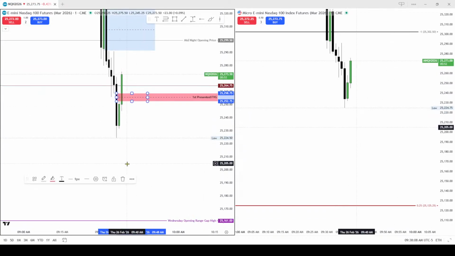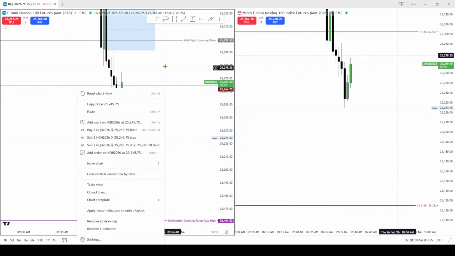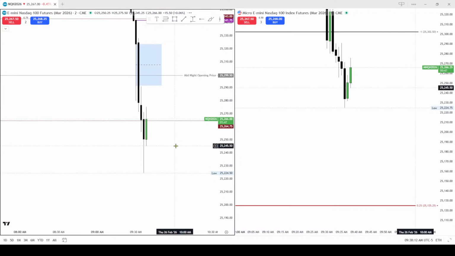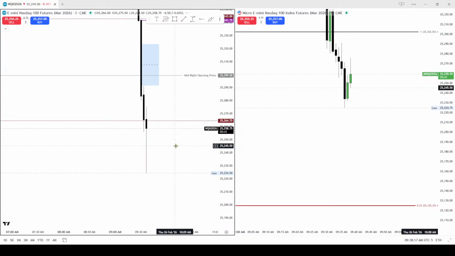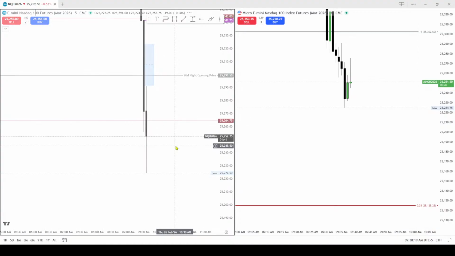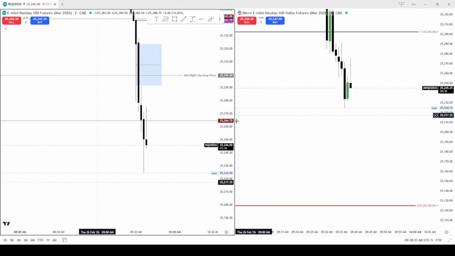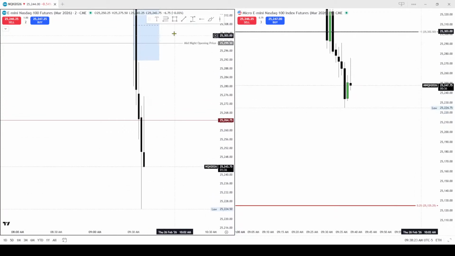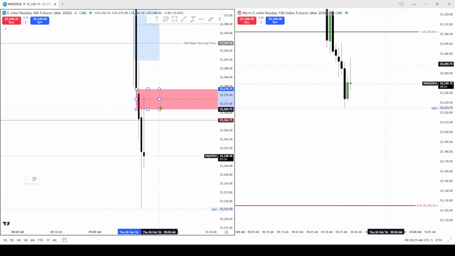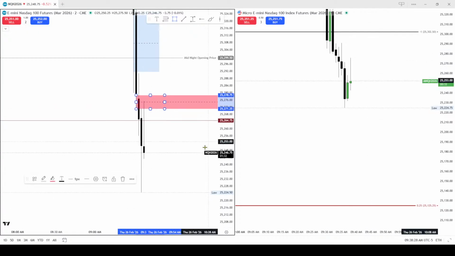So we didn't get the first presented fair value gap. So let's still wait. We have a 2-minute gap right here, however.